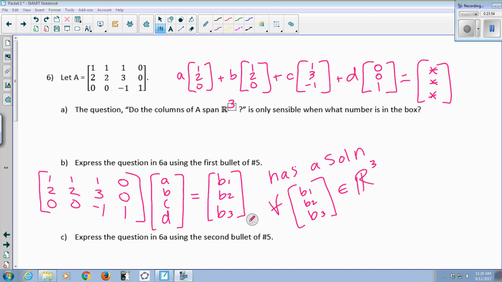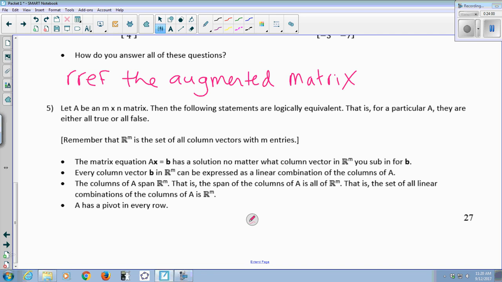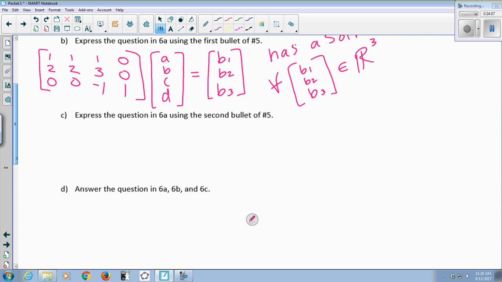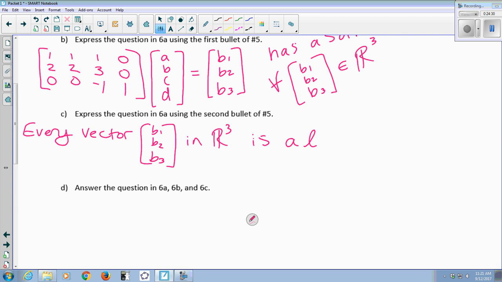All right, so the second bullet from number 5 said, every column vector can be expressed as a linear combination of the columns of A. So this says every vector B1, B2, B3 in R3 is a linear combination of the columns of A, which is 1, 2, 0, 1, 2, 0.